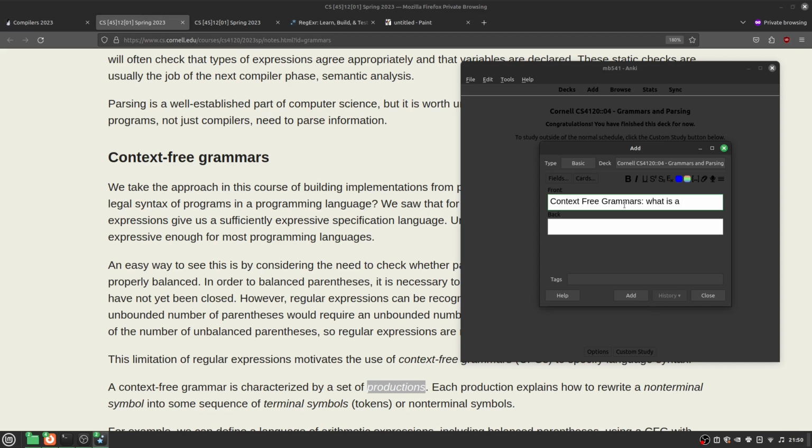What is a production? A production is the fundamental building block of the context-free grammar.